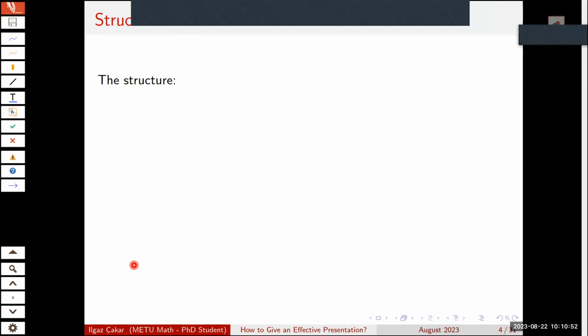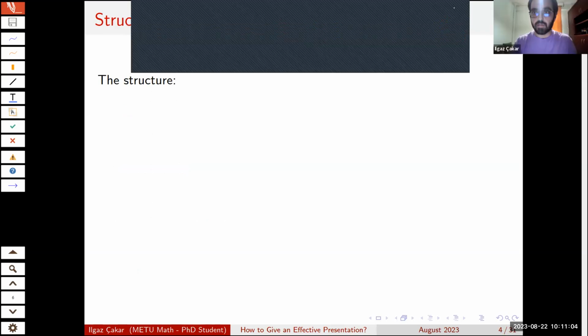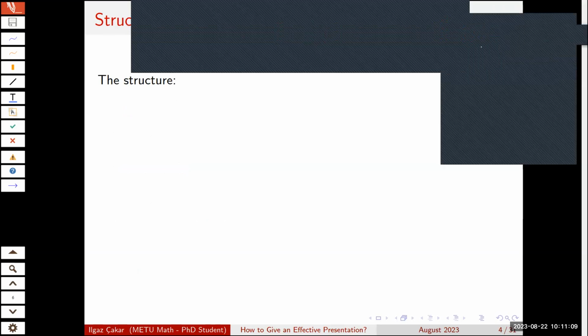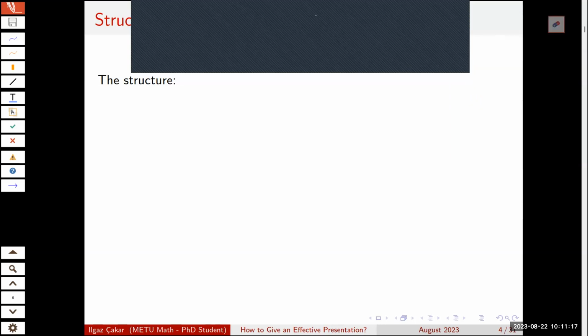Ilgaz, can I interrupt you? The top of the screen is black. Yeah, it's probably the Zoom menu. Maybe if you can close that. I don't know how to close it. You can hide it. I can't find how to close that.